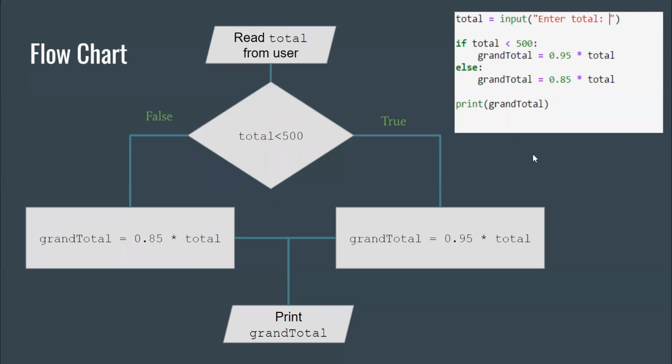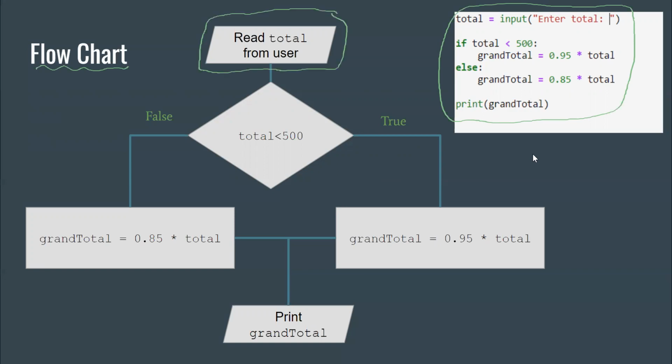Today, we are going to discuss this idea of a flow chart, where basically you can describe your code in a chart like the one on the left here. So you will start reading the chart or designing the chart from the top. Here, I will start by the first line of code, which is reading total from user.